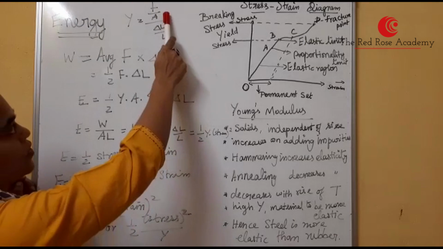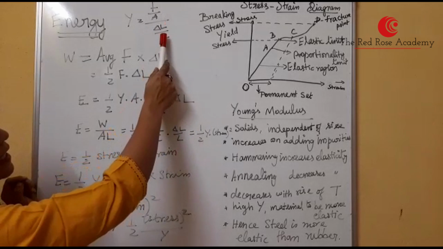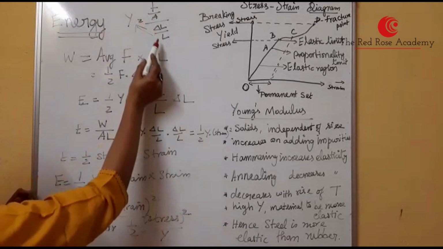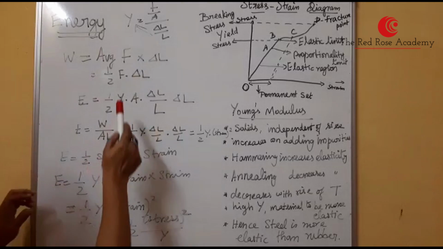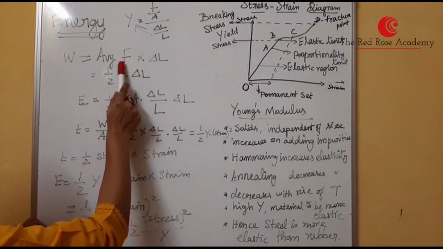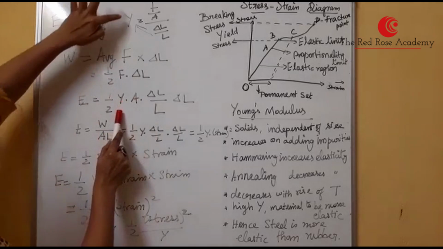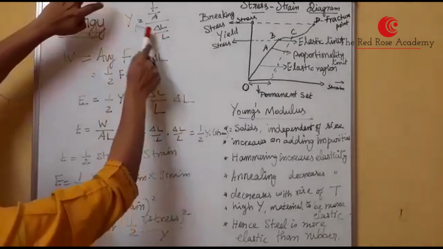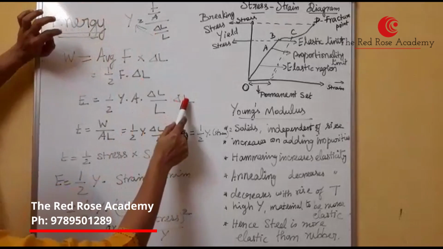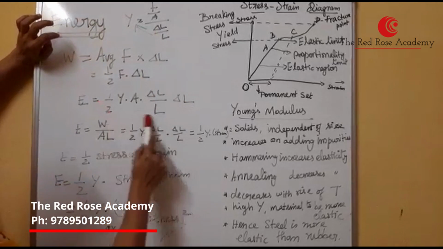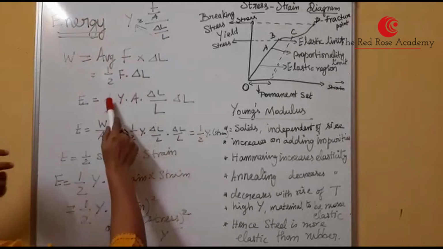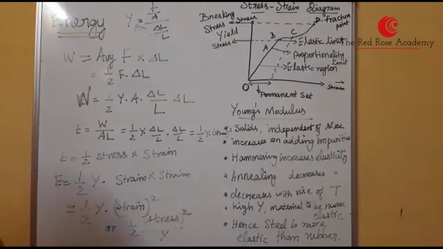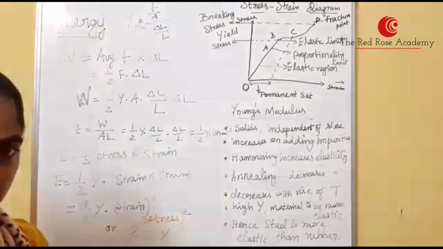So Y equals F by A divided by delta L by L. If you rearrange, F by A is equal to Y into delta L by L. Then instead of F you can substitute Y into A into delta L by L. Delta L is already here. Then this is nothing but the work done in the metallic wire.